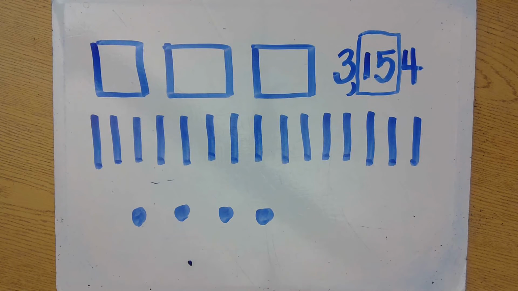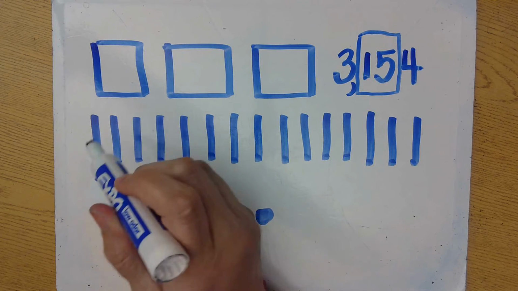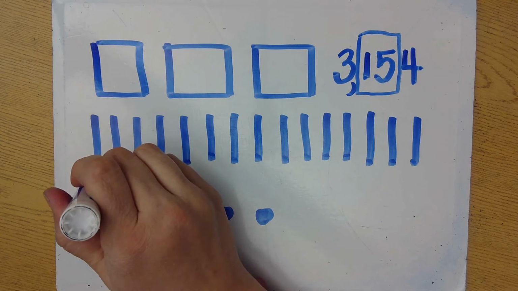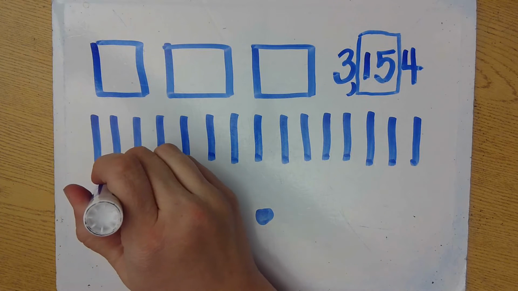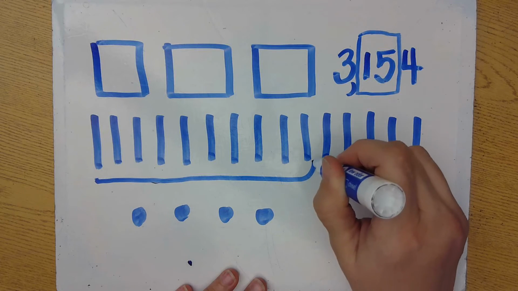So what do I do if there are too many tens, too many longs? What I can do is trade in 10 of these at a time so that I can create another flat. So 1, 2, 3, 4, 5, 6, 7, 8, 9, 10.